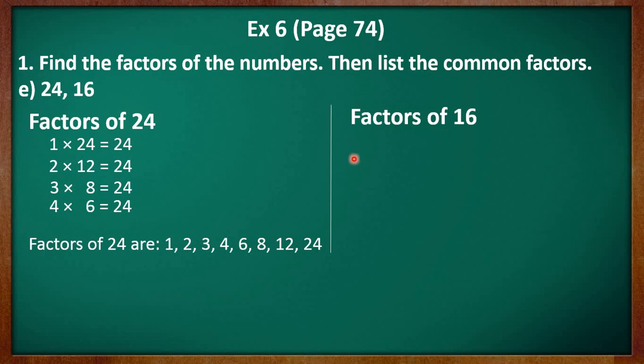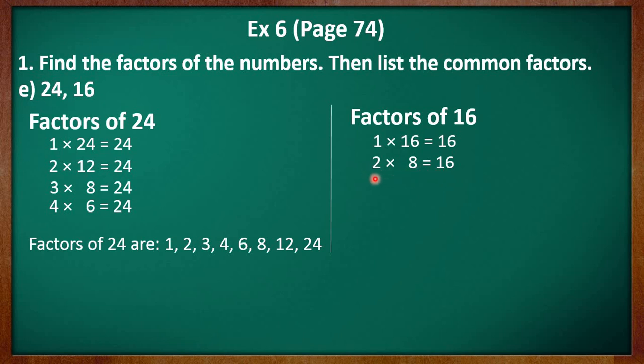The first multiplication fact, that is 1 multiplied by 16 is equal to 16, will give us 1 and 16 as the factors of 16. And now we will find all other factors between these two numbers. So let's try to divide 16 by 2. On division of 16 by 2, we will observe that 16 is completely divisible by 2 and the quotient is 8.